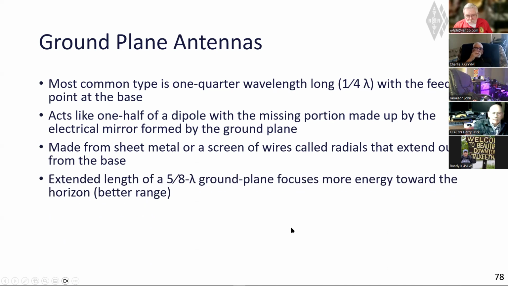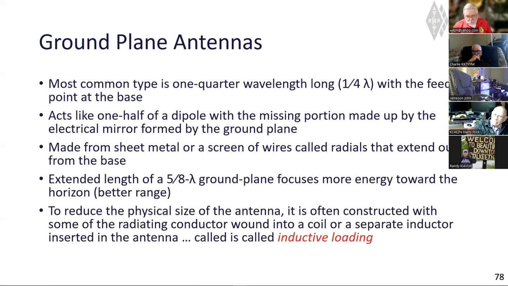Extended length of a 5/8 wave ground plane focuses more energy toward the horizon, giving you better range. This is why you see them quite often for a 2-meter mobile antenna, 5/8 wave being roughly 39 inches long, where your normal quarter wave is about 19.